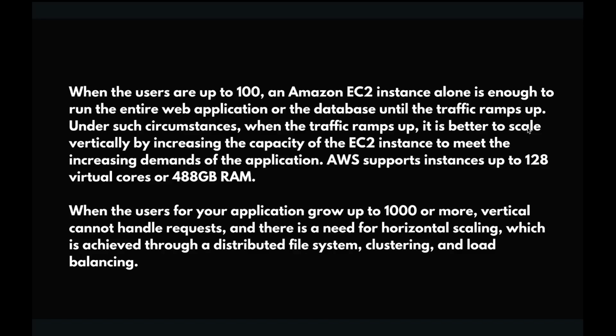Now let's say when the users of the application grow to thousands or more, vertical scaling cannot handle the requests. In this case, we can utilize horizontal scaling by implementing AWS Auto Scaling, which will automatically add instances, and the traffic can be distributed by implementing a load balancer with my auto scaling, so that the traffic will be distributed among all the instances which are part of my auto scaling group.